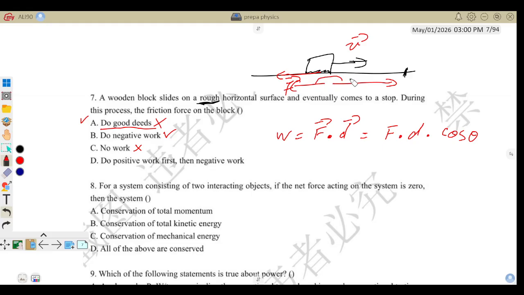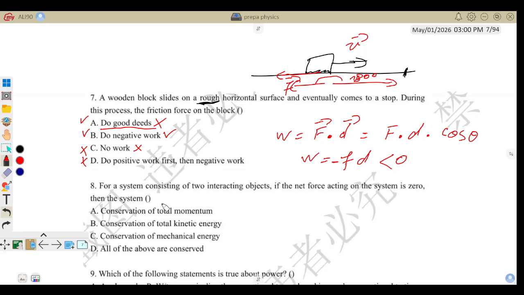Those two make an angle of 180 degrees. The cosine of 180 degrees is -1. That means it's going to be minus F times D, and with F and D positive, this is a negative term. That's why B is the correct one. For C and D, they are not the good answers.